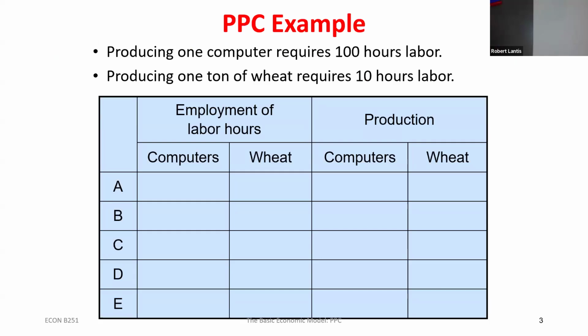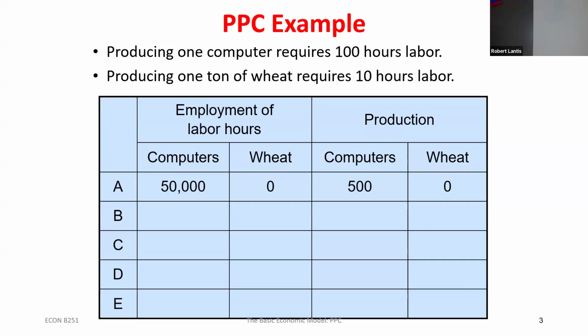If I've got 50,000 labor hours, each computer costs me 100, how would I find out how many total computers I could produce? I would take 50,000 and divide it by 100, right? That should give me 500 total computers.